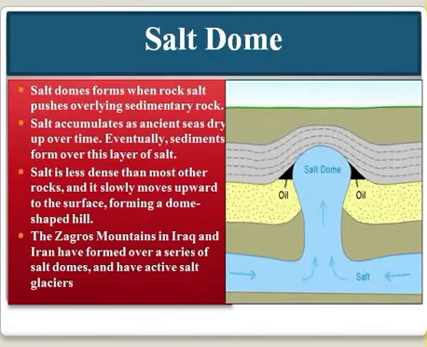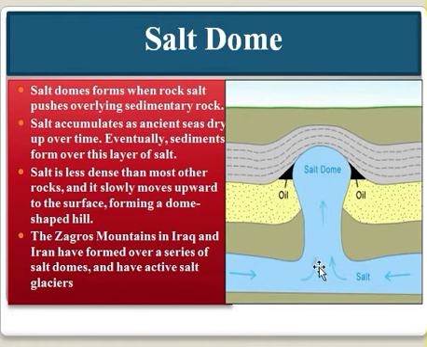Salt dome. A salt dome is formed in rock salt. It forms when rock salt pushes overlying sedimentary rock. As you can see, this is rock salt, and when this rock salt pushes the overlying sedimentary rock upward, the salt dome is formed.